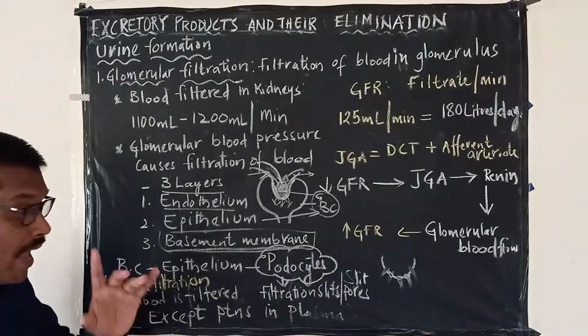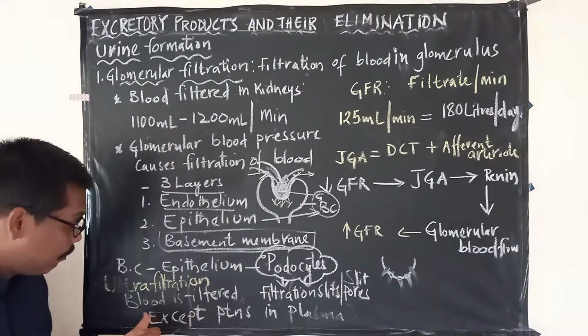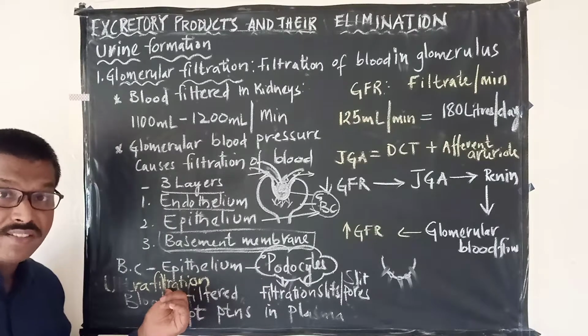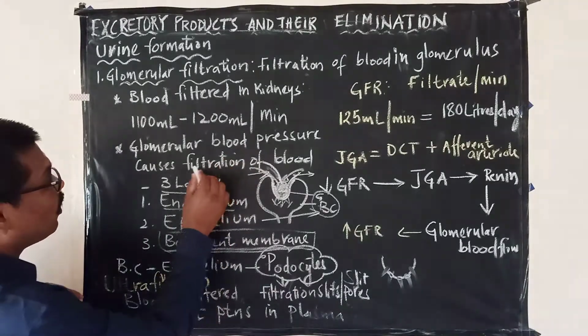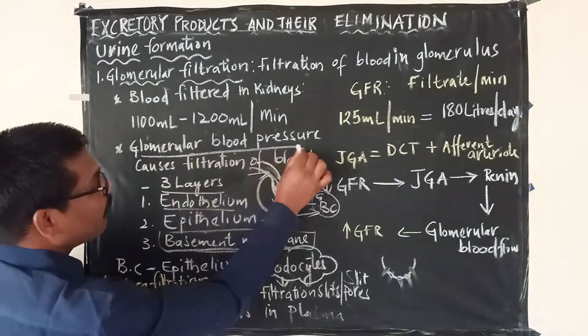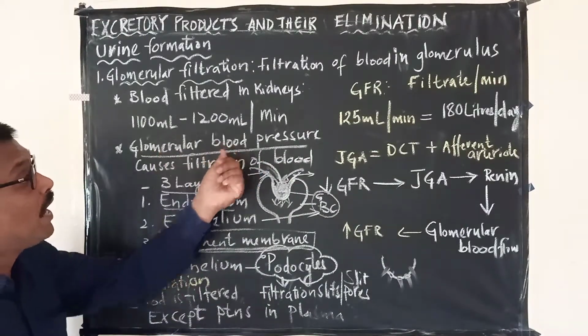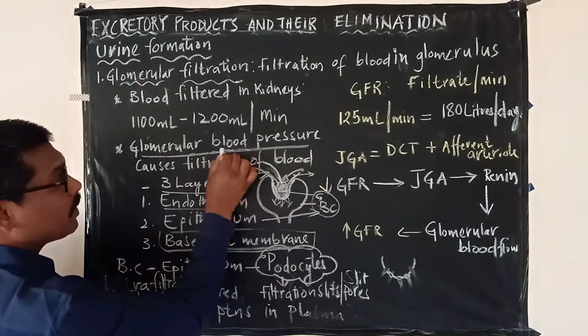As we said, blood is filtered through these three layers because of what? Please remember, because of the glomerular blood pressure.